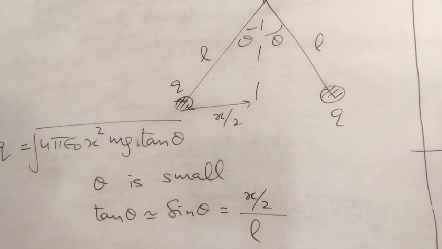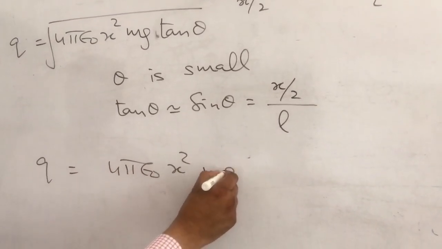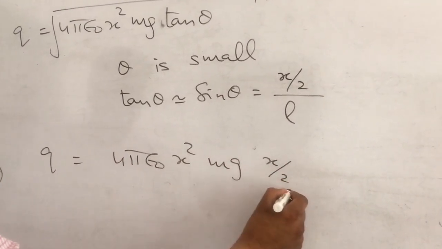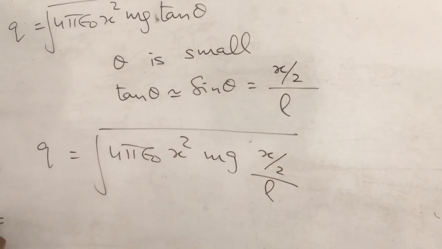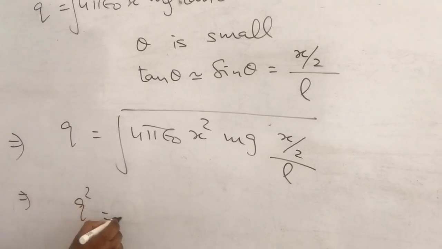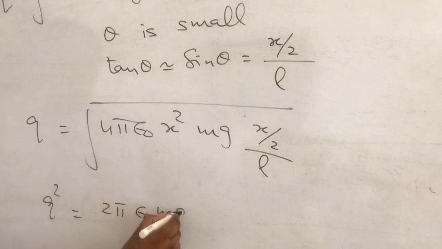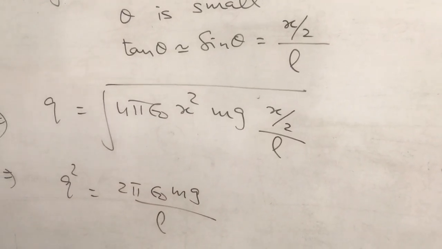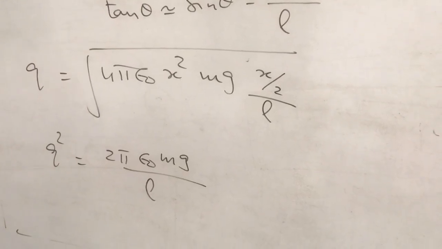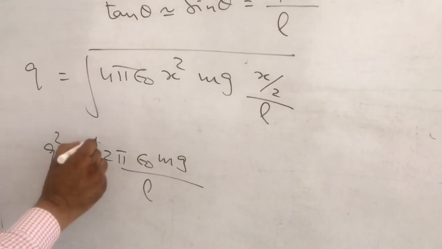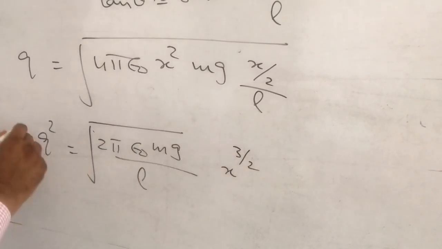It will become q is equal to 4 pi epsilon naught x square mg x by 2 l under root. So q square is equal to 2 pi epsilon naught mg upon l under root into x to the power 3 by 2.